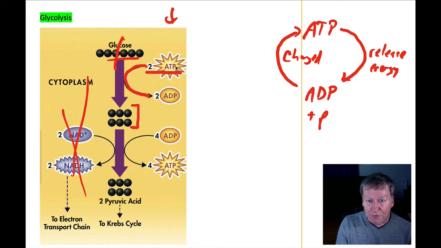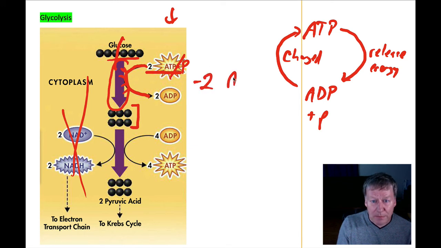That 3rd phosphate is broken, that high energy bond, releasing energy. That energy is given off and captured in these chemical reactions to break the glucose molecule. And our ATP becomes ADP. So we just spent 2 ATP molecules. So we lost 2 ATP, 2 ATP fewer in the cell than I had when I started.